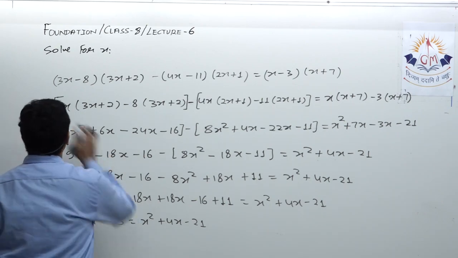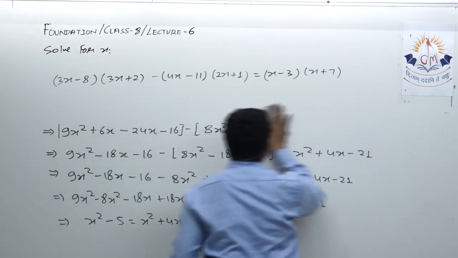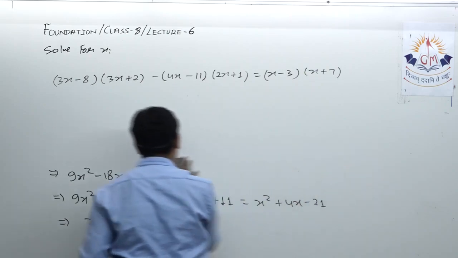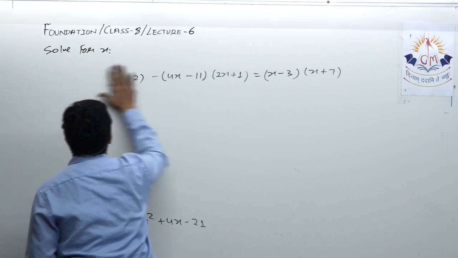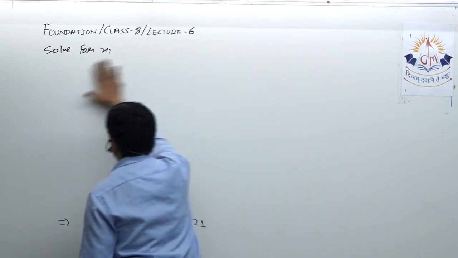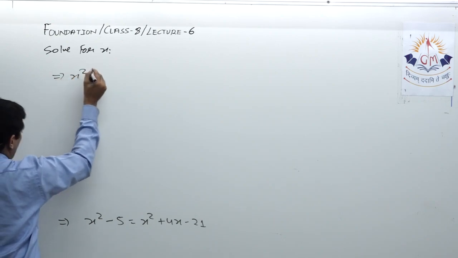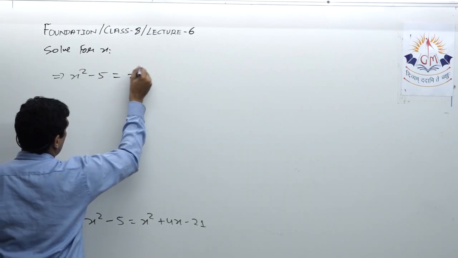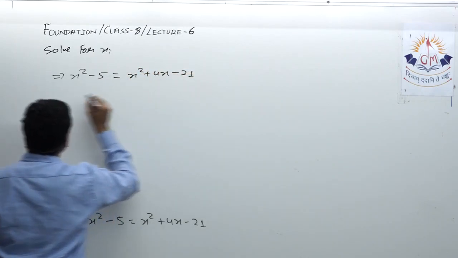Okay, so let us see its further solution. Now here I have x square minus 5 equal to x square plus 4x minus 21.